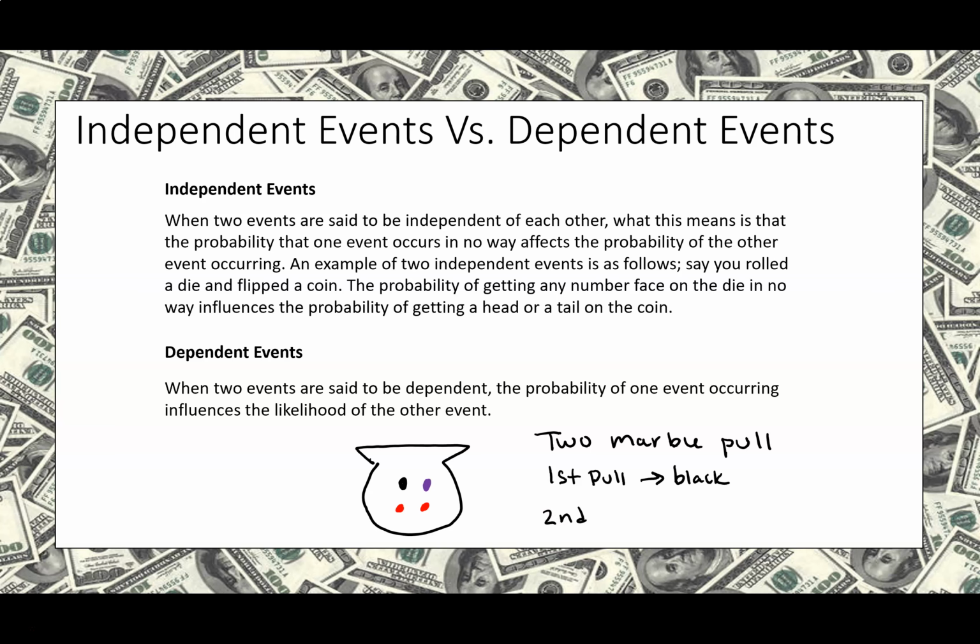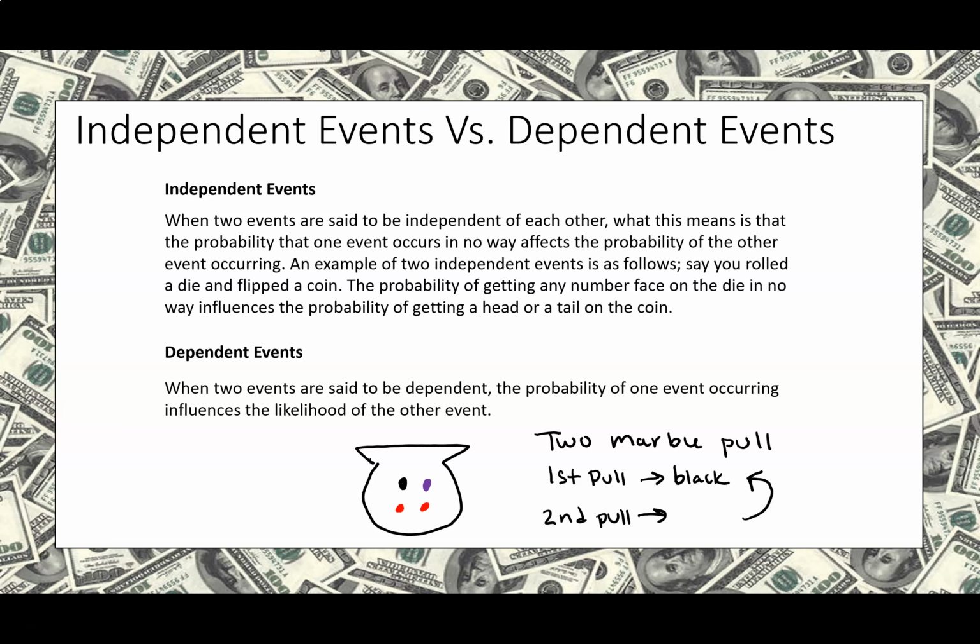The second pull, what you get from pulling out of that bag, does it depend on what happened here? Does the probability change? Yes, it absolutely does, because now you have a 0 out of 3 chance of getting a black, and you have a 2 out of 3 chance of getting a red and a 1 out of 3 chance of getting a purple.